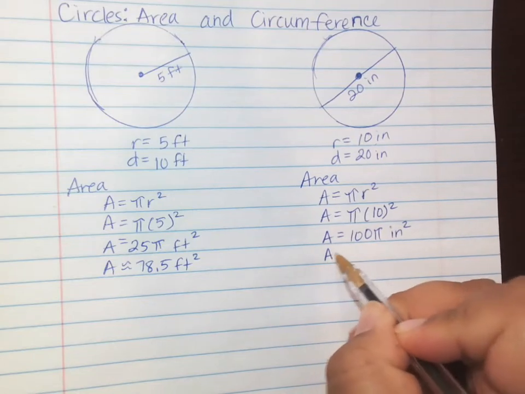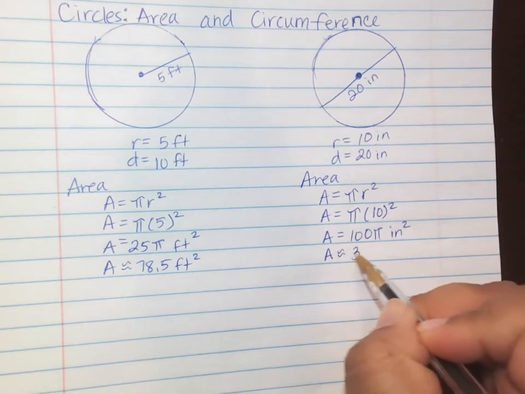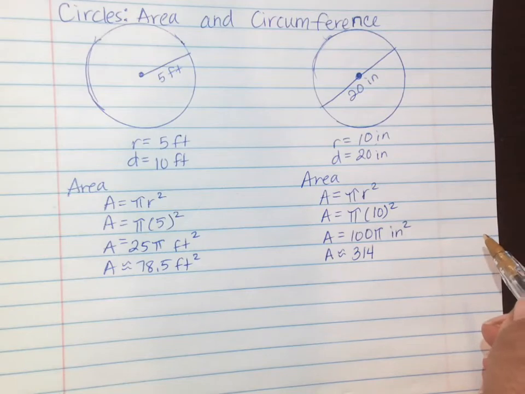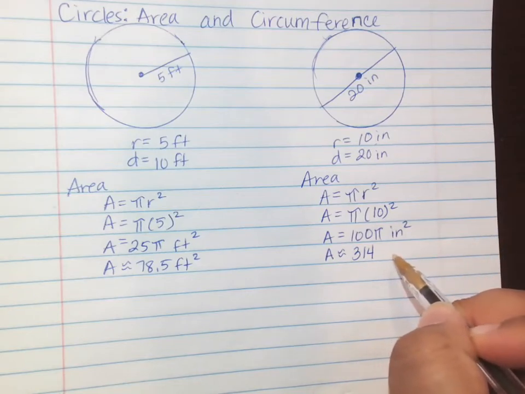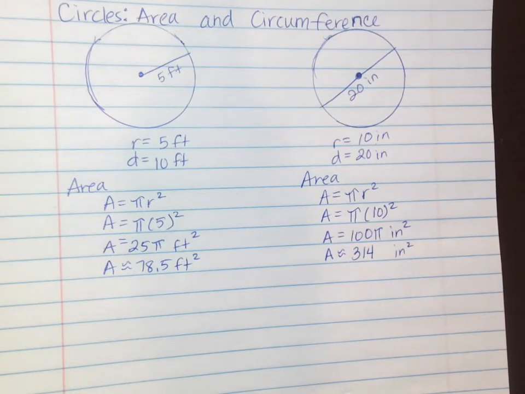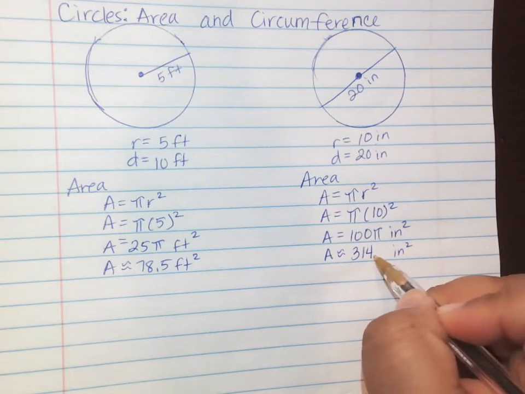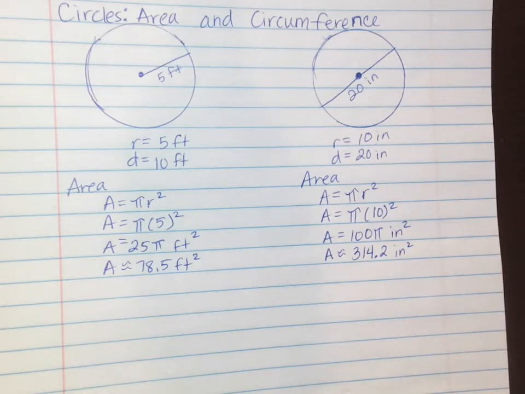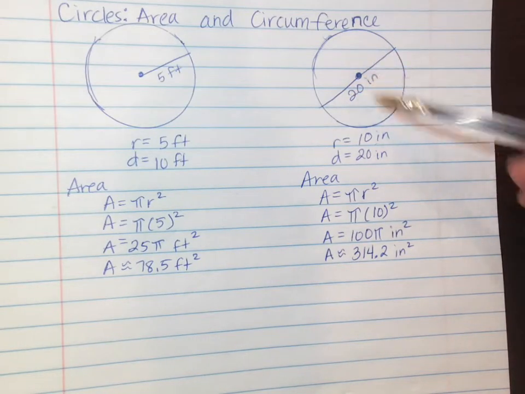So this would come out about 314 inches squared. Let me check what the 100 times pi actually rounds to: 314.2. Okay, so that's area. Remember, that's the space inside of each circle.